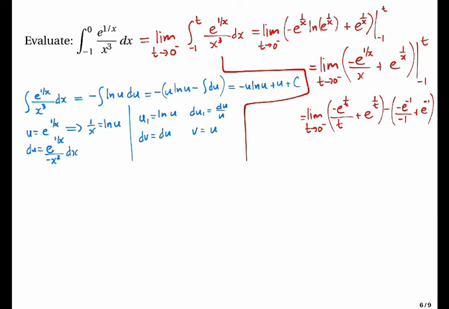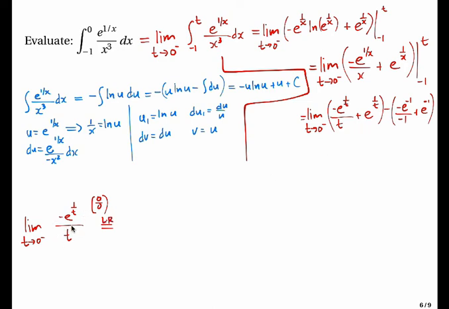So we want to get the limit as t goes to 0 from the left of minus e to the 1 over t divided by t. And we said that this is 0 over 0 type. Okay? So we want to apply L'Hopital's rule at this particular form.